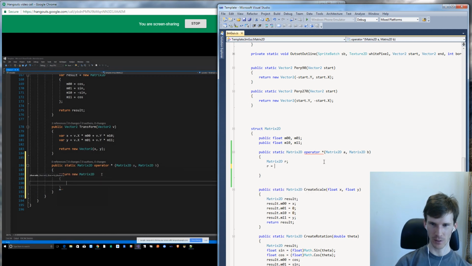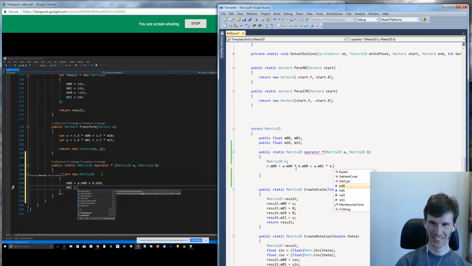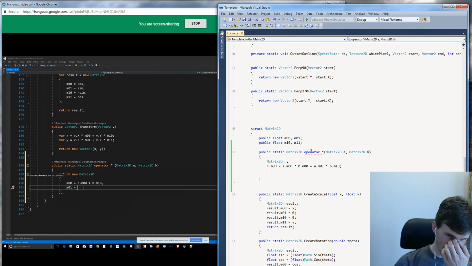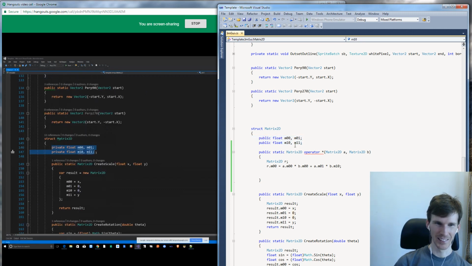So R can be our result, and M00 equals. So we go across for the A and down for the B. So it's A's M00 times B's M00 plus A's M01 times B's M10. And then M01 is a little harder to visualize here. You'll notice I've moved this right up to the top, and you remember last week I did this little trick where I lay these out graphically so I can see.